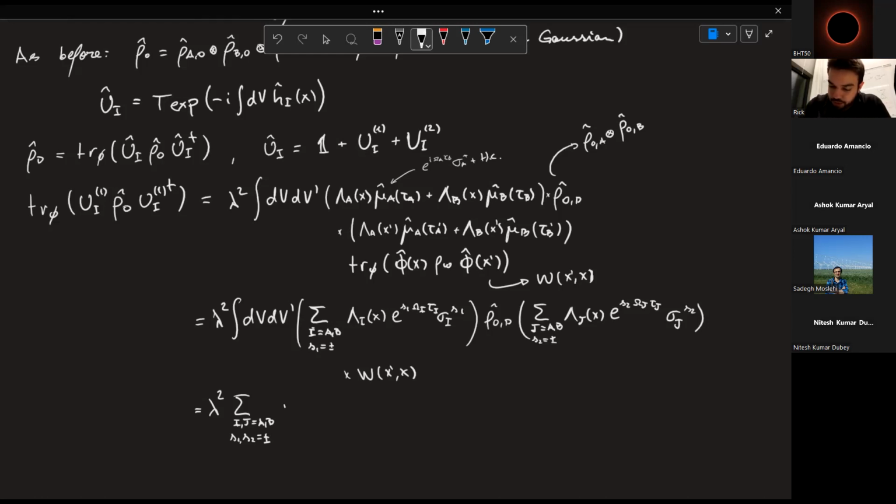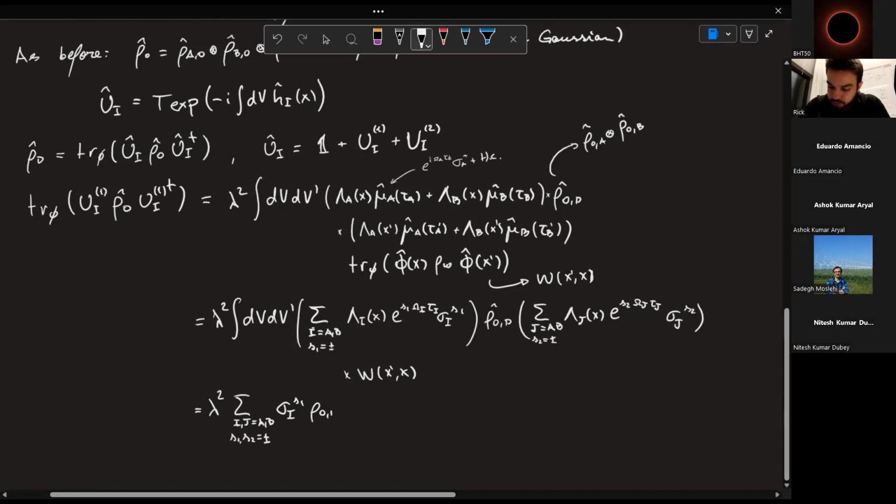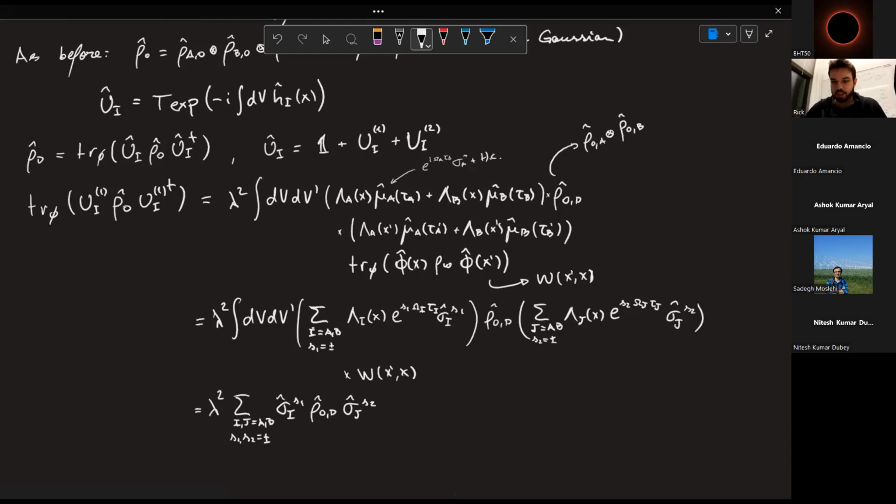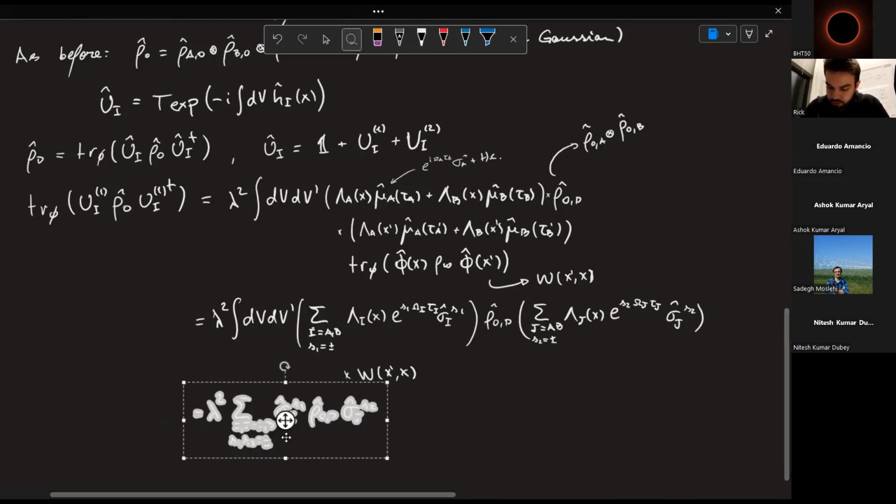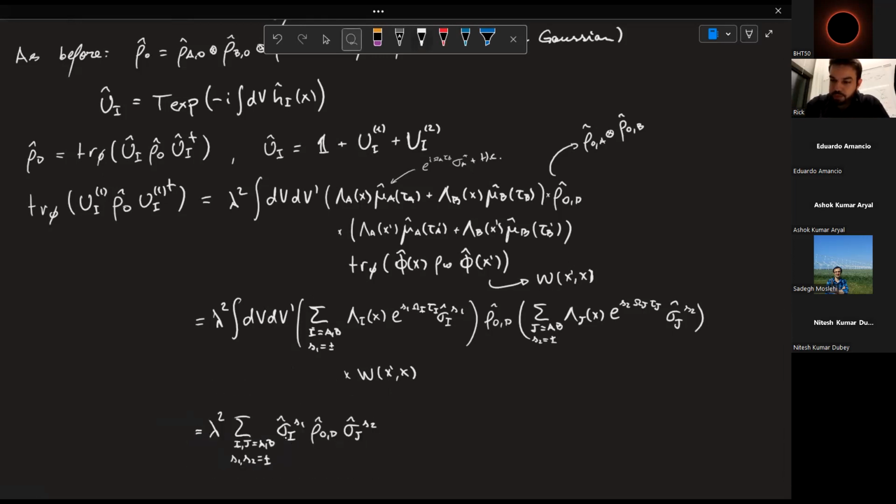So this would be sigma_I^{s1} rho_0D sigma_J^{s2}, and everything else, which is space-time dependent, is now going to show up integrated with the Wightman function. Just move this a little bit down.